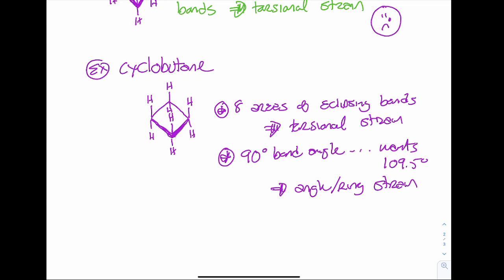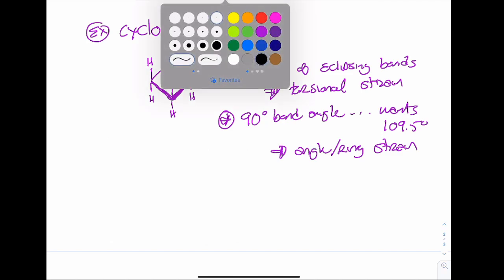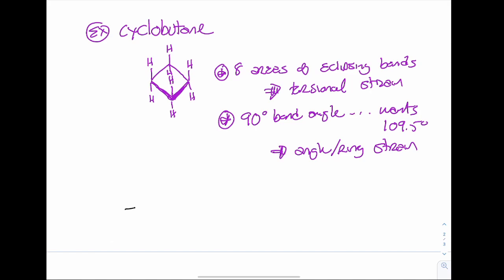So cyclobutane, for some reason I'm having a hard time with that name, can actually do something to try to relieve this strain. So what cyclobutane is going to do is it's going to adopt a non-planar conformation.